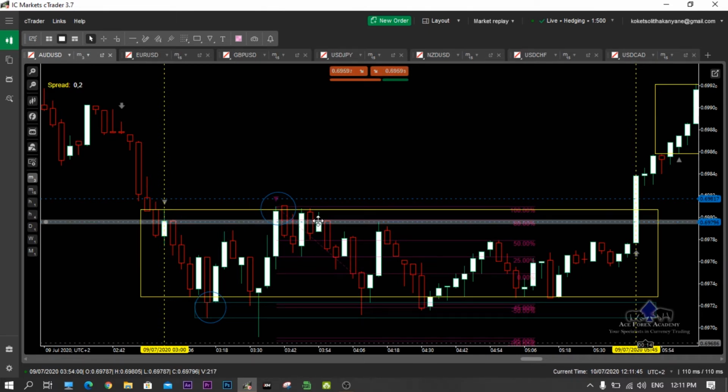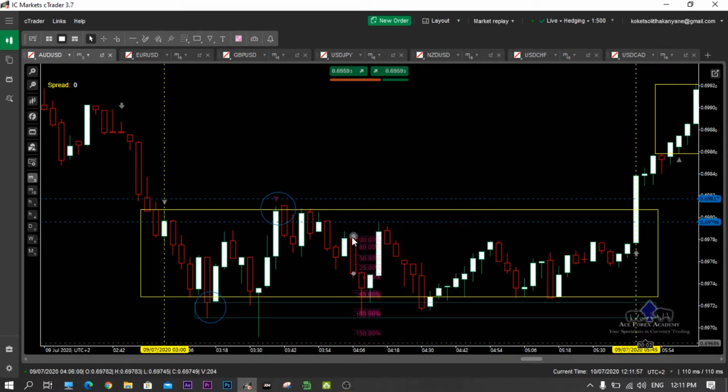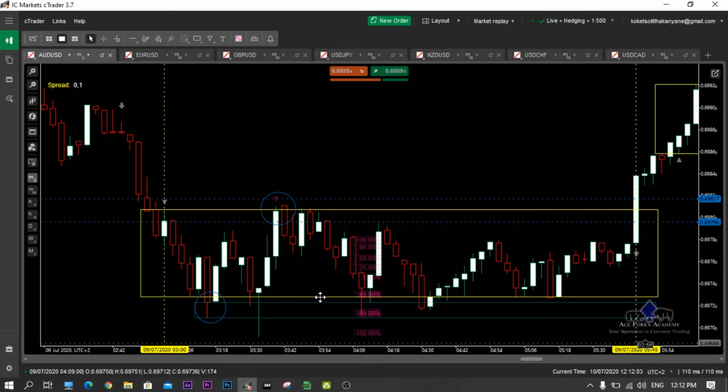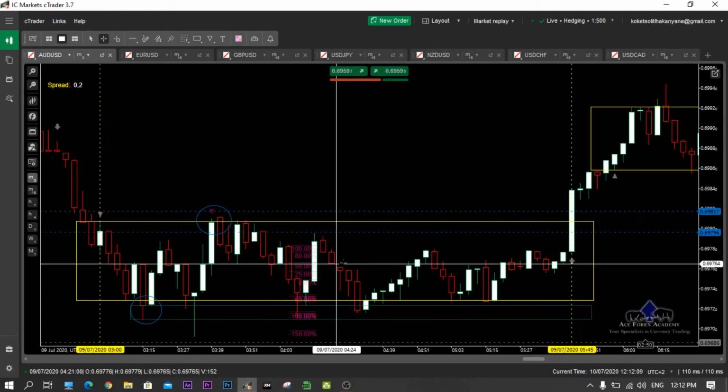You don't want to risk more than what you can potentially make from a trade, and that's using a very conservative stop loss. But using a more aggressive stop loss, you would have had the chance of making 1:1, meaning if you risk $1, you're going to make $1 from this trade.